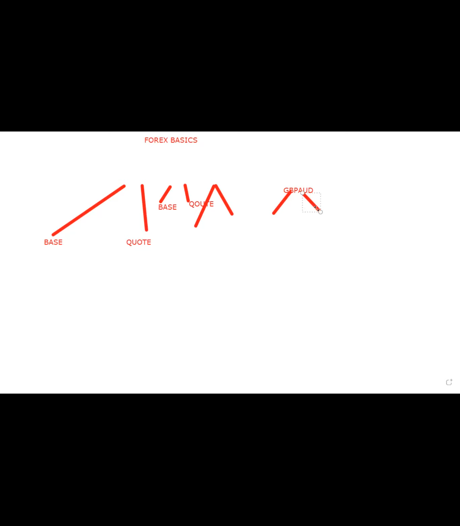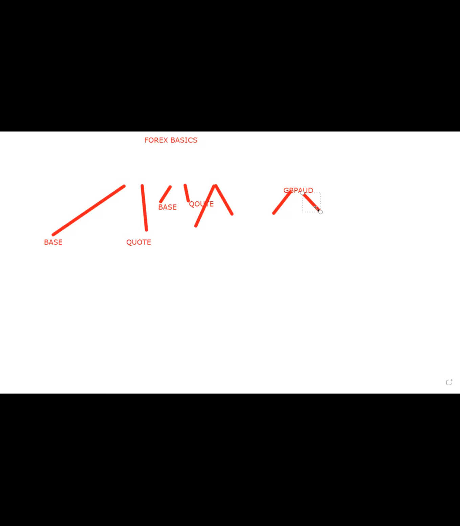So the rule says we buy when the base is stronger. Now, before I forget, all these currency pairs are already listed on a broker's platform. We use a broker's platform to trade the forex market. I'll show you that later, the MetaTrader. MetaTrader is like an app where brokers put the list of the currencies that are ready for exchange.